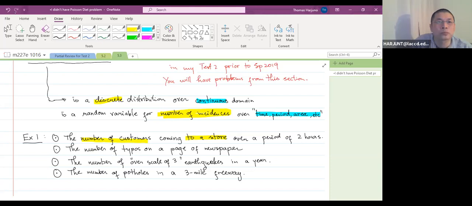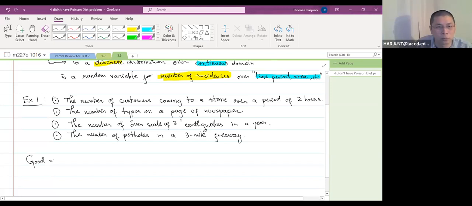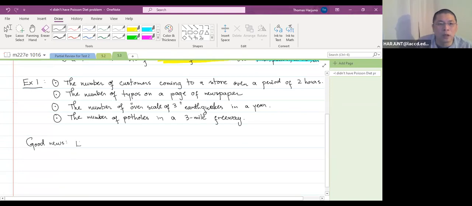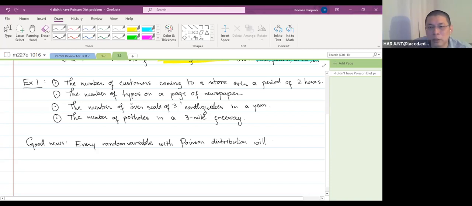Now, notation. Maybe I give you the good news first. Good news: every random variable with Poisson distribution will explicitly say so.